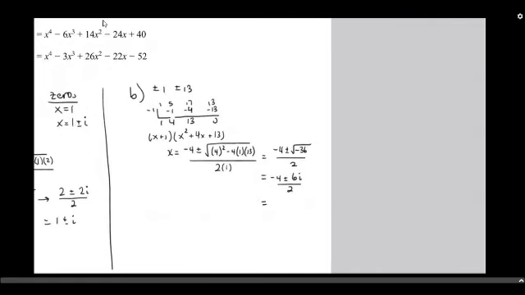The square root of negative 36 is plus or minus 6i. And then that's negative 2 plus or minus 3i. So the zeros were x equals negative 1 and x equals negative 2 plus or minus 3i.